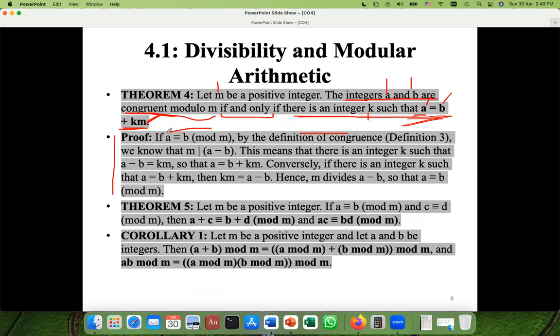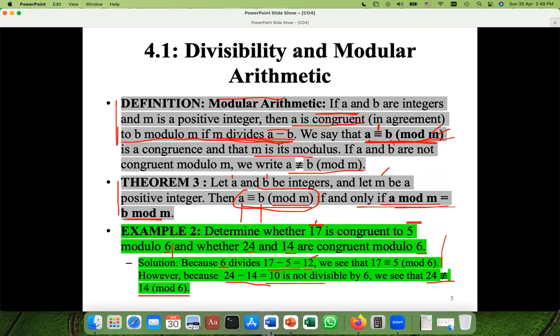This statement is saying a congruent to b mod m. So we are using that definition and modifying this equation. We can write it into this form, m divides a minus b, by using that definition. Congruence holds when m divides a minus b. This is a definition.